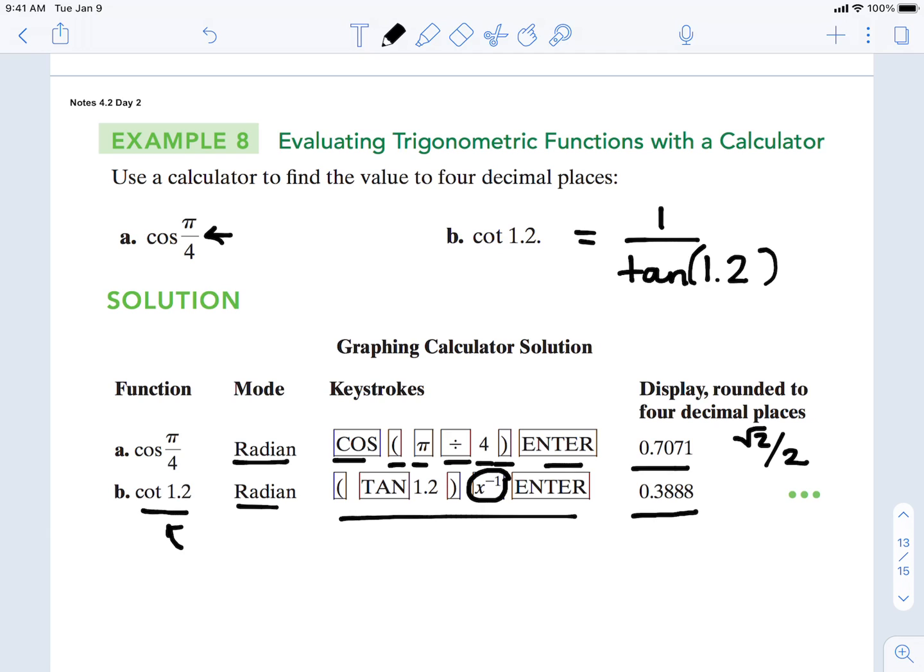So either you can write it like this, 1 divided by the tangent of 1.2, or type the tangent of 1.2 and then x to the negative 1. So please make sure you have practiced those examples to get the same answer as me.